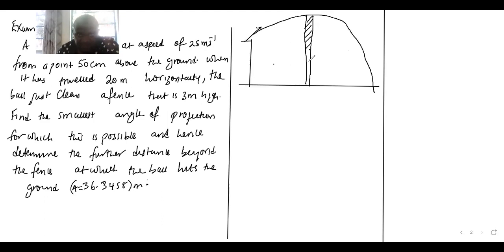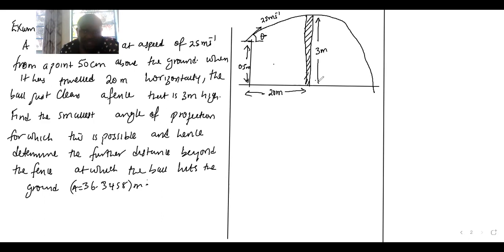And the fence is of what height? It has traveled 20 meters horizontally at that instant. The wall is 0.5 meters from where it has been projected. It is projected at a speed of 25 meters per second. At what angle? At an angle of projection we don't know. Then we are saying the fence is 3 meters high.